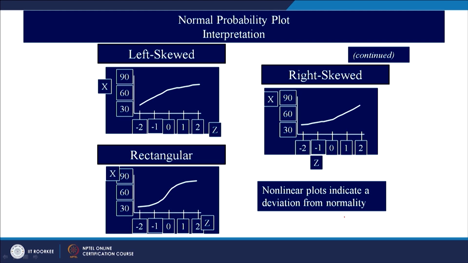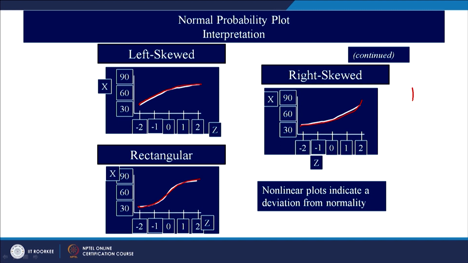These plots will give you an idea how data are skewed, whether left skewed or right skewed. A plot like this is left skewed data, a plot like this is right skewed data, and this is a kind of rectangular plot.